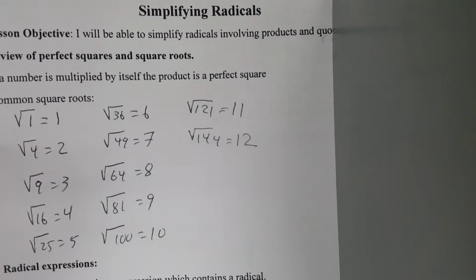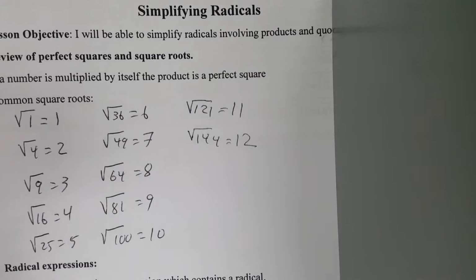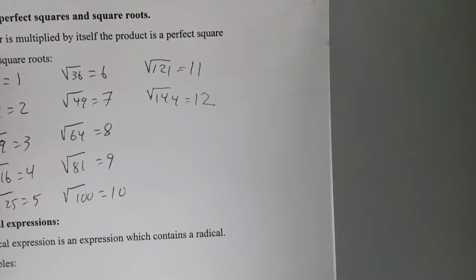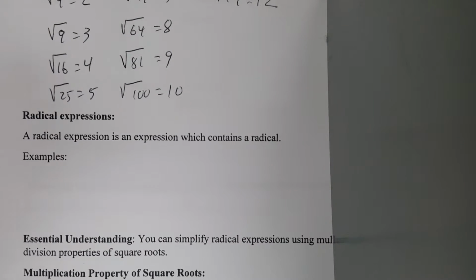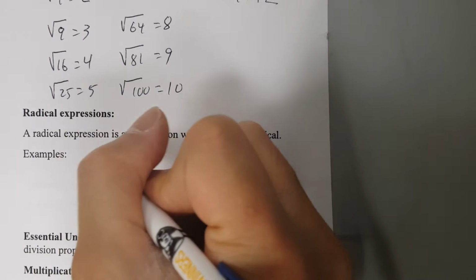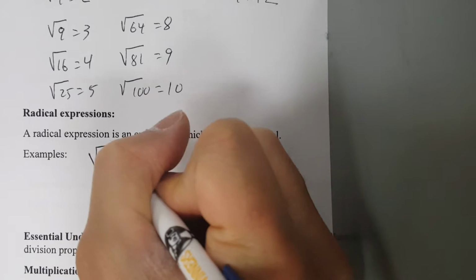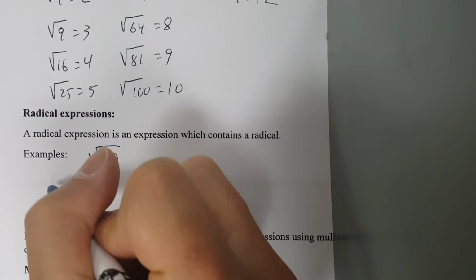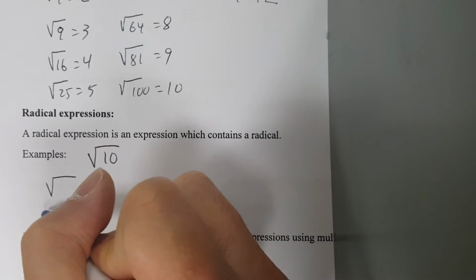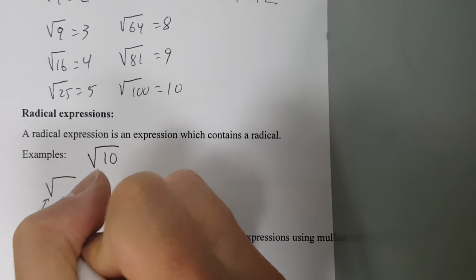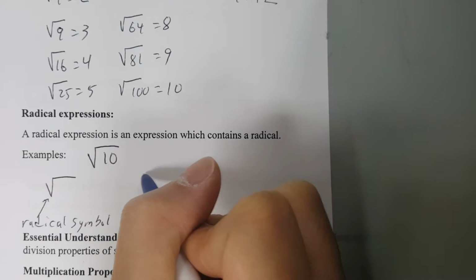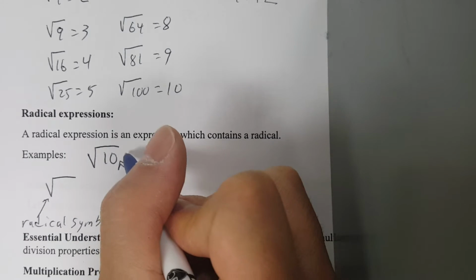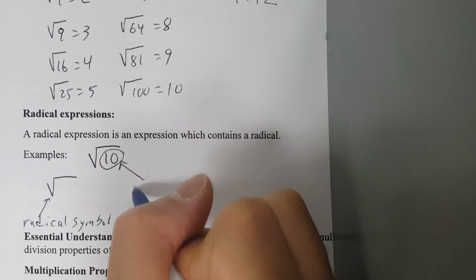Okay, so we're going to talk about radical expressions. Now, radical expressions are expressions which contain a radical. So, for an example, this is a radical expression where this part is called the radical symbol, and then the number that's underneath is called the radicand.